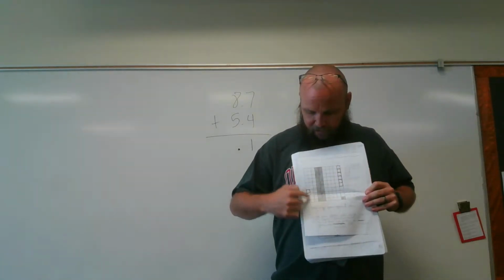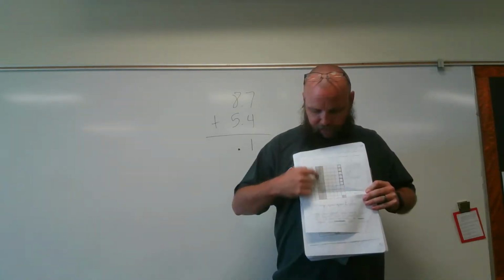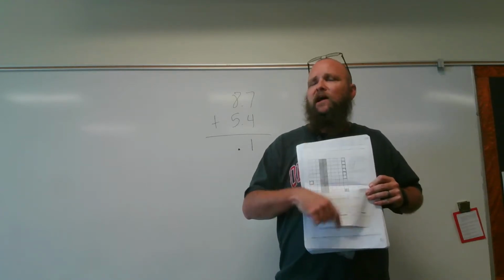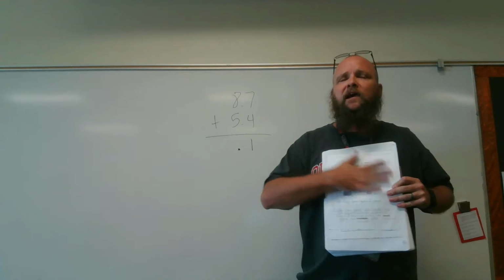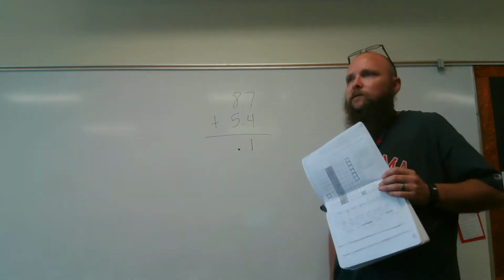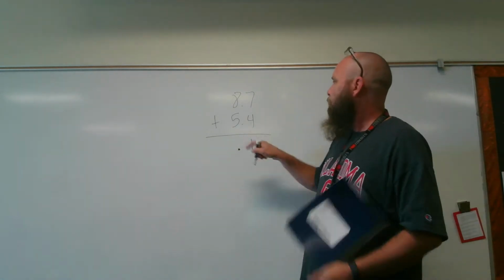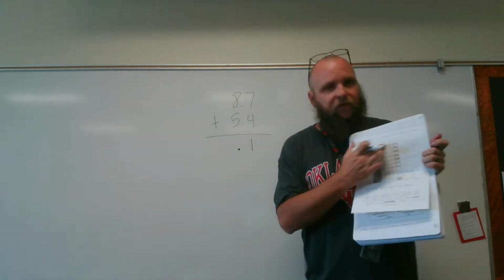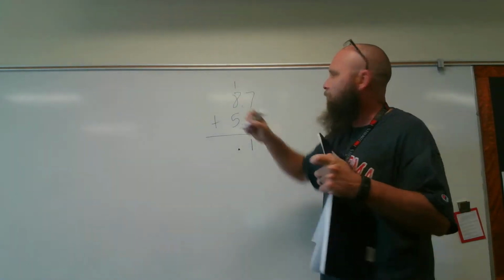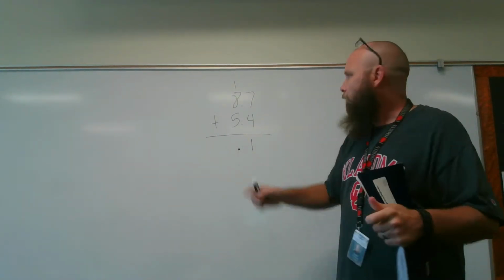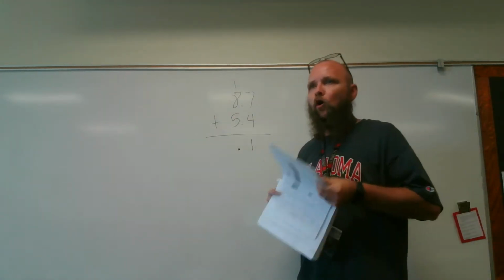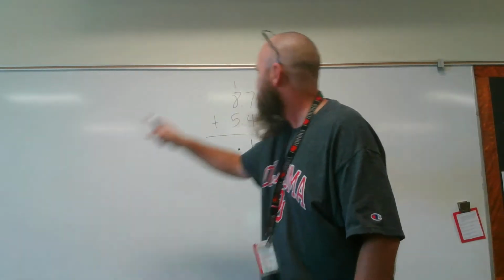Look. 1 tenth, 2 tenths, 3 tenths, 4 tenths, 5 tenths, 6 tenths, 7 tenths, 8 tenths, 9 tenths, 10 tenths. 10 tenths make up this one whole. We have 11 tenths because we said it was 11. So I have this whole thing plus one more row. Okay? So I have 1 tenth left over and I have one whole because this is my ones place.